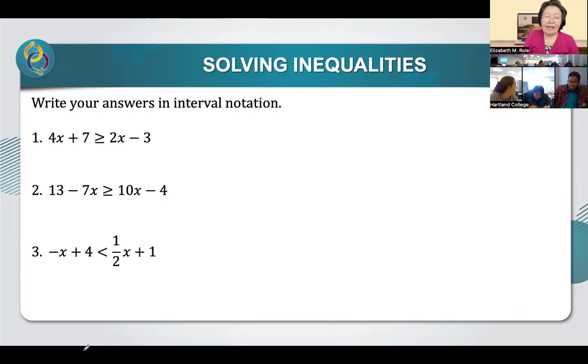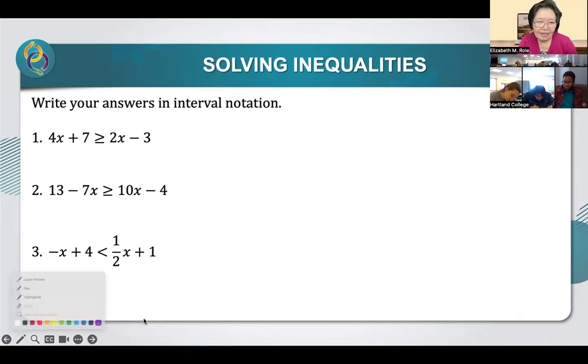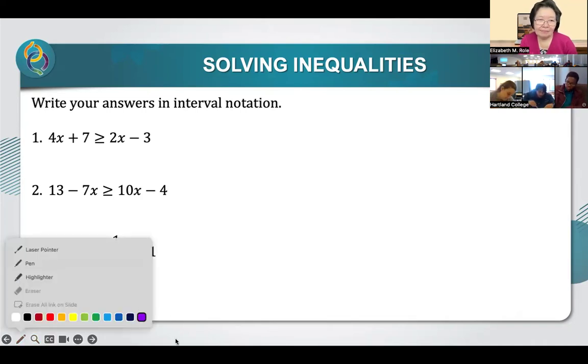That one, you can actually use your mental math, and then it's just important to know how to write the answers in interval notation. Mental math, what's your answer?